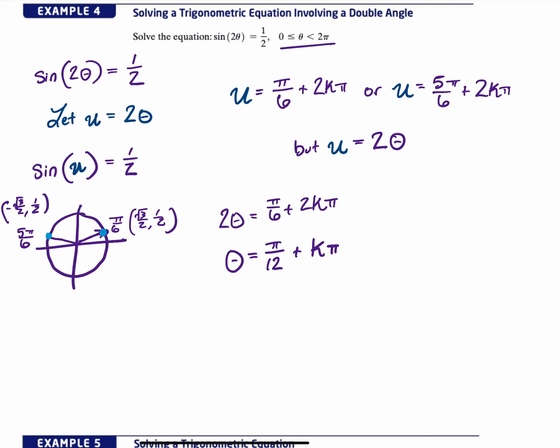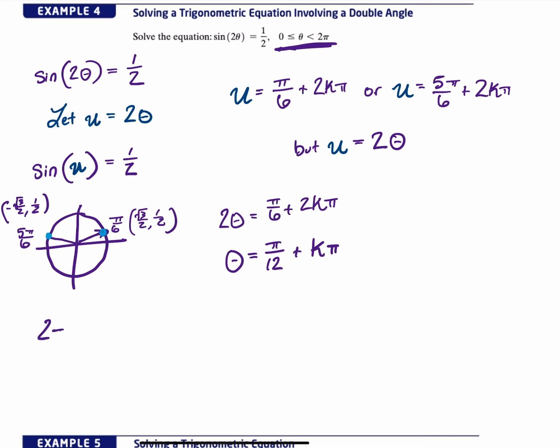So we can also see that as 12k pi over 12 to imagine a common denominator. So we want to produce all solutions here in this interval from 0 to 2 pi. And it might be helpful to get a common denominator of 12 just to know when we've gone too far.